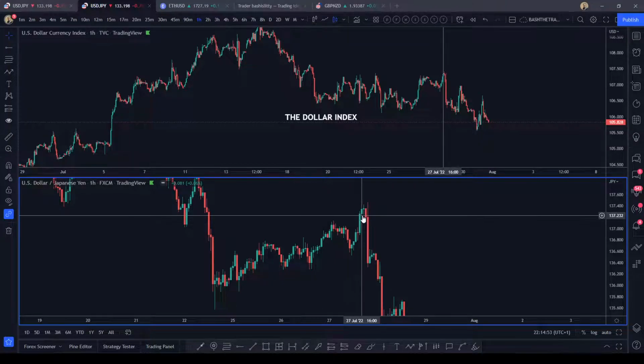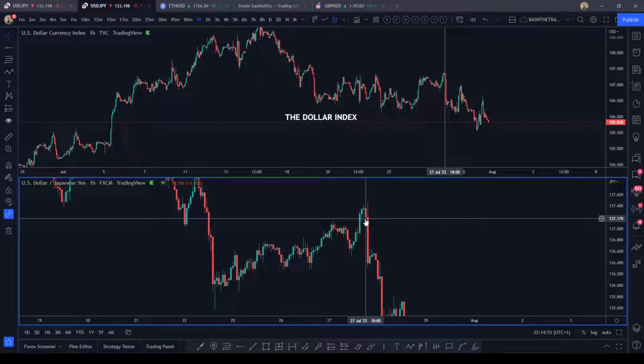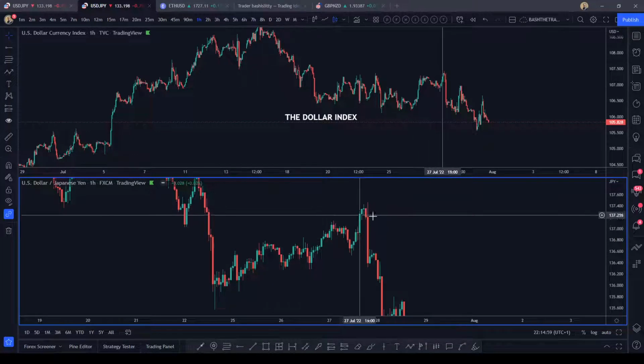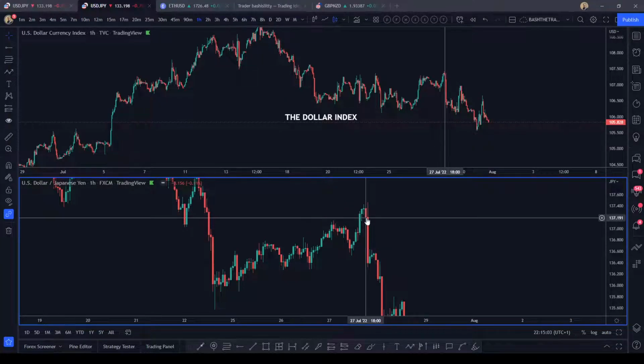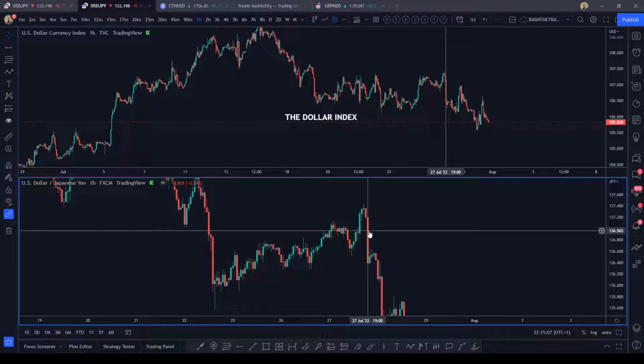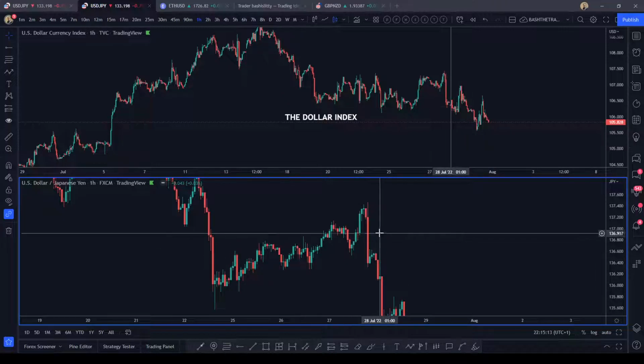If we look at the dollar index and the USD yen, you can see that the price charts look the same, just slightly different. You can see that the sellers are here, and on the dollar index there was a selling action as well. The price looks the same, but the structure is not the same.